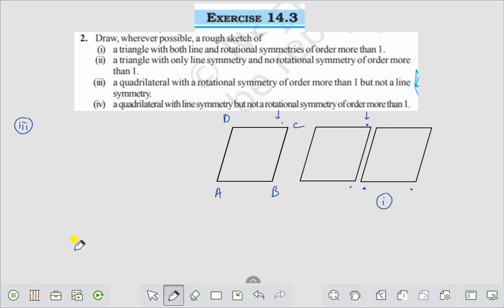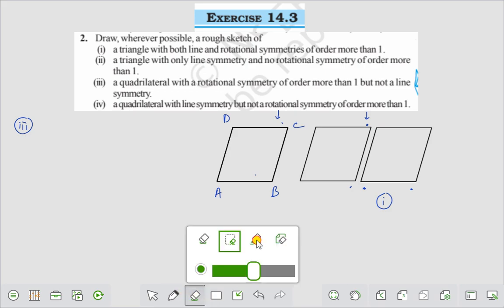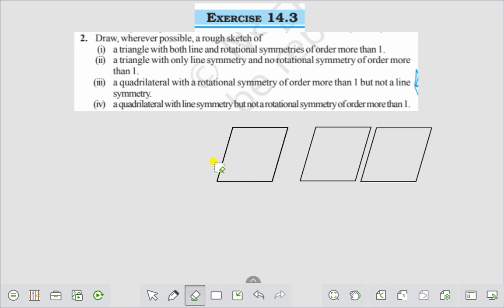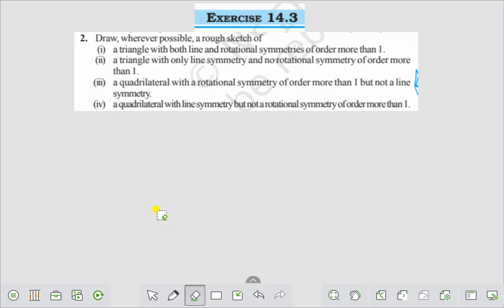Let us take another parallelogram to understand in a better way. Question number 3.